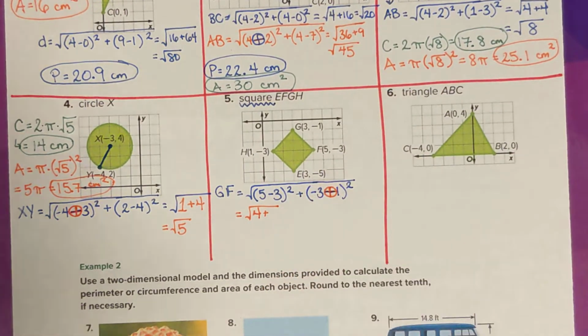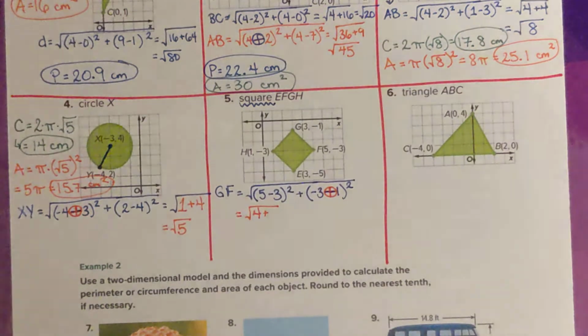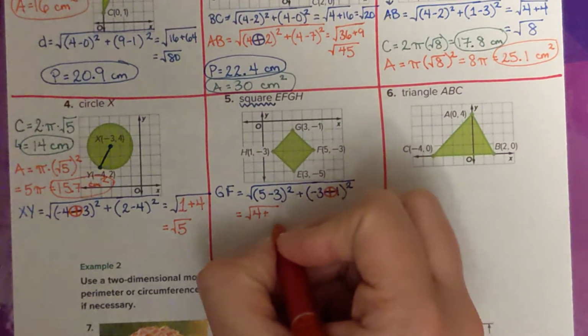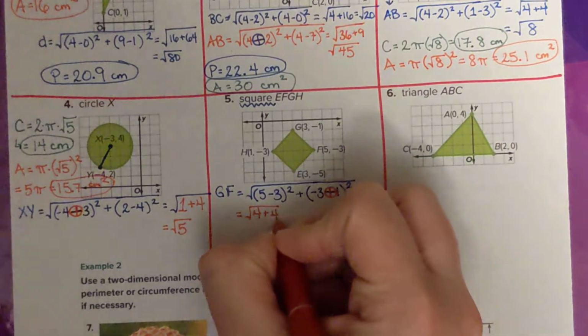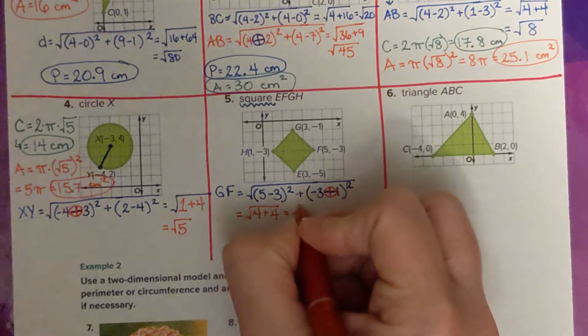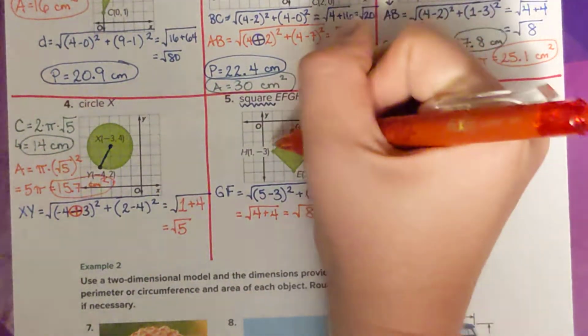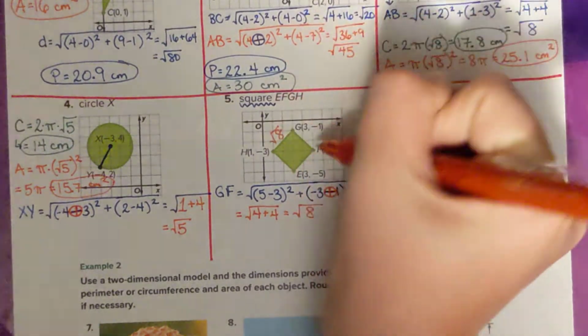So -3 plus 1 should equal, let's see, -2? So -2 squared would be 4, and 4 plus 4 would be the square root of 8. So all of your sides are going to be the square root of 8. Every single one of them.